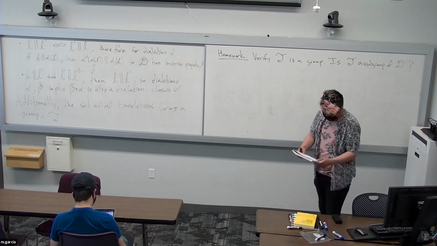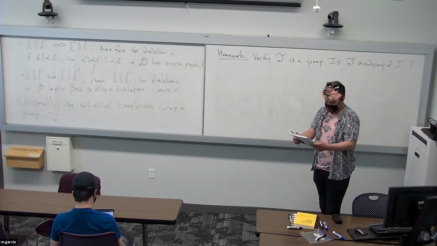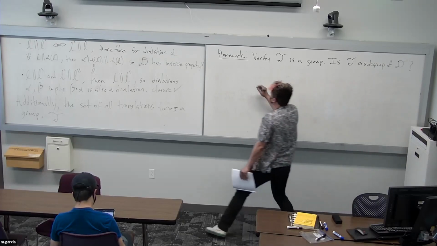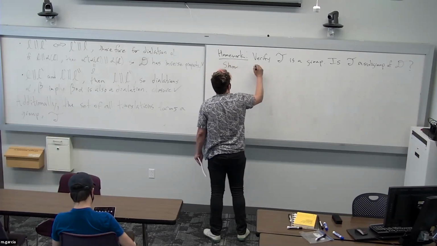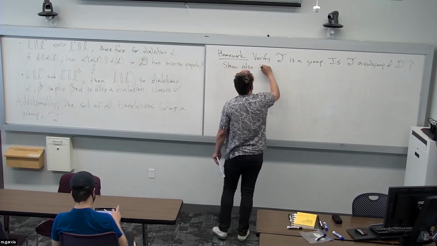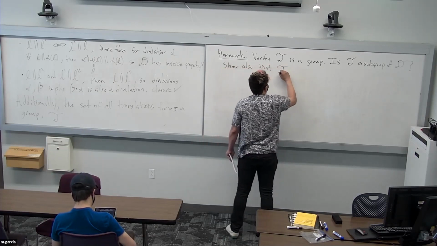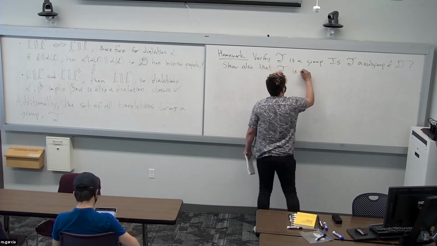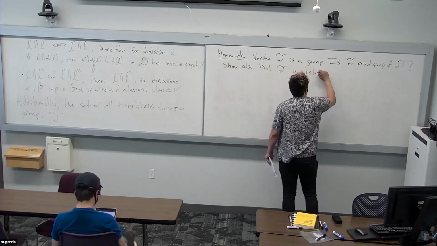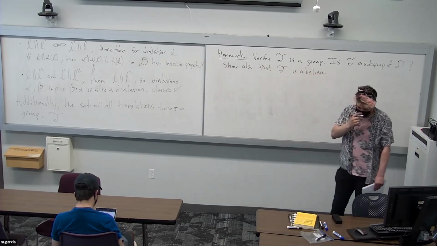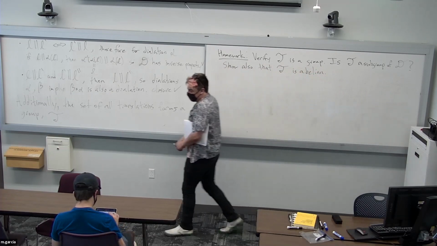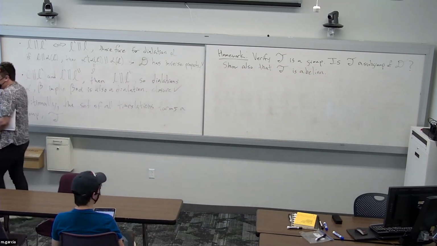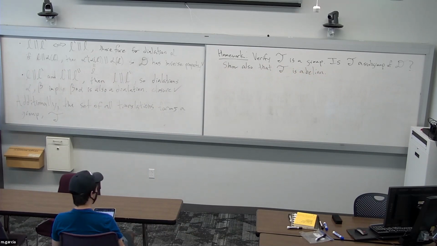Actually, I want to say more here. This is good. Show also that T is abelian. If you think about it intuitively, it certainly makes sense that if I shift all my points by some vector and then another one, I could swap them.